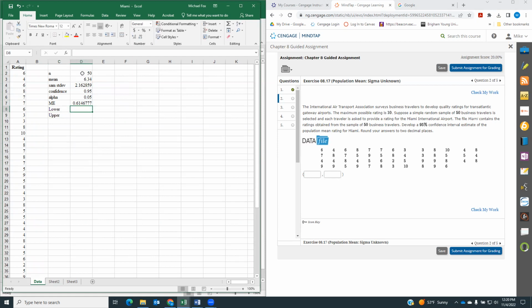The lower, again, is just going to be my mean minus my margin of error. And my upper is going to be my mean plus my margin of error. It wants it to 2 decimal places, so I'll have it do the rounding for me so I don't make a mistake.